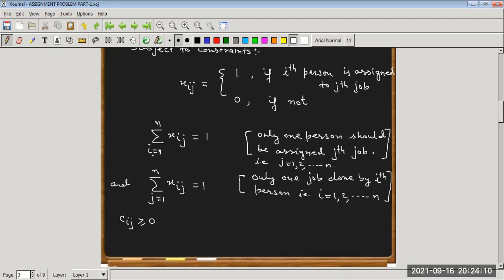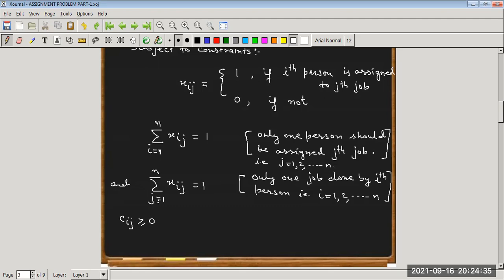The second constraint is summation i equal to 1 to n of Xij equal to 1. What is the meaning of this? That only one person should be assigned the jth job, that is, either the first job, second job, or nth job. One person, if we pick the second person, is assigned only one job.